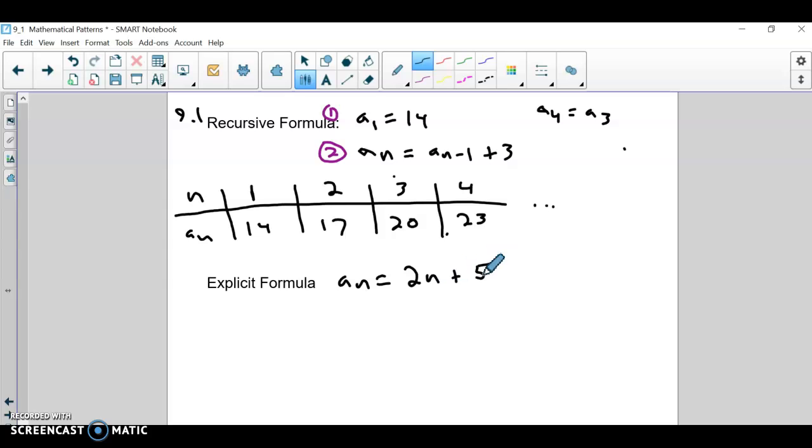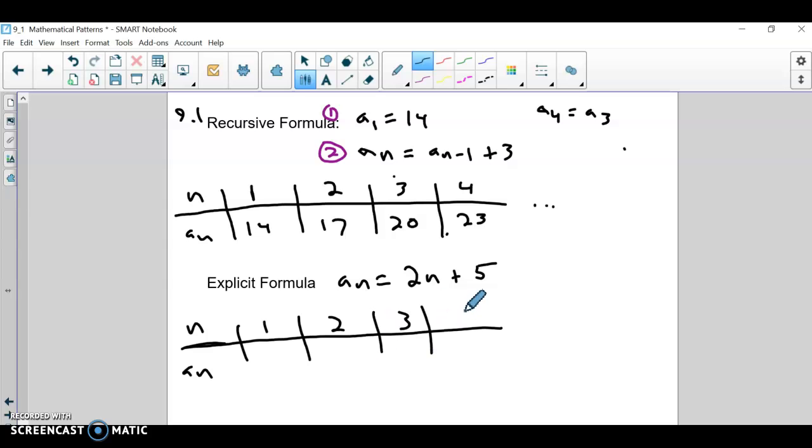In that case, if we make our little table, we don't have to go in order anymore. If I wanted just the fifth term, all I have to do is put 5 in for n.